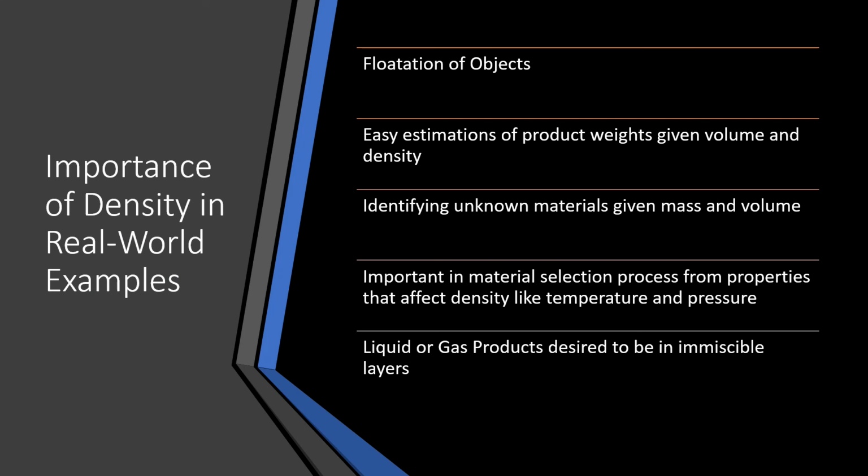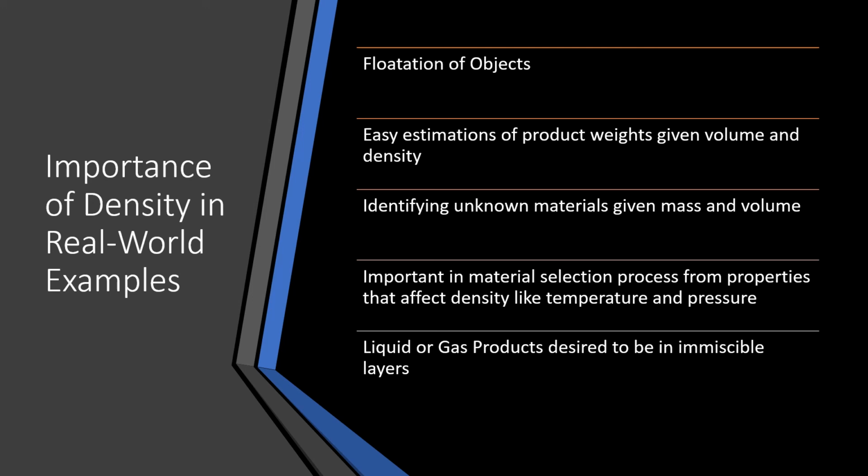I'm now going to go into the importance of density in real-world examples, now that we've dug into it. One is for the flotation of objects. If you want to make a boat or just a product that floats, the density of what you're making has to either displace more water than it weighs or be less dense than the fluid it's in.